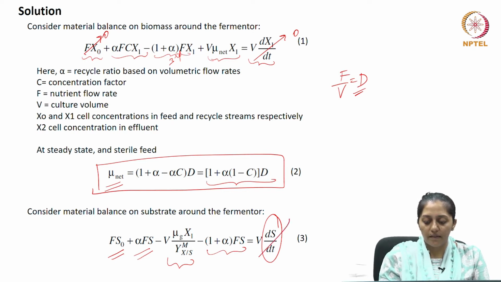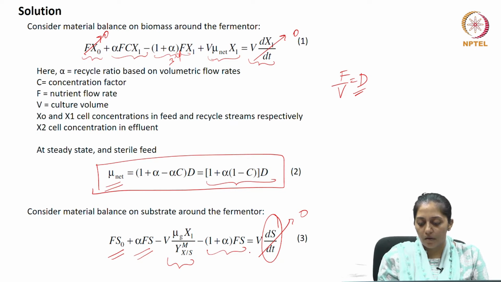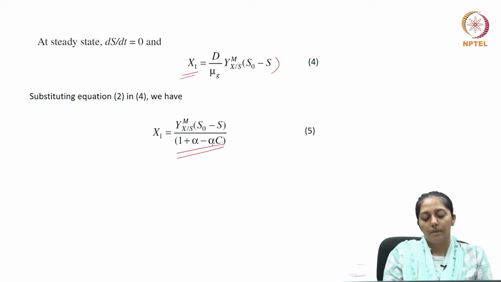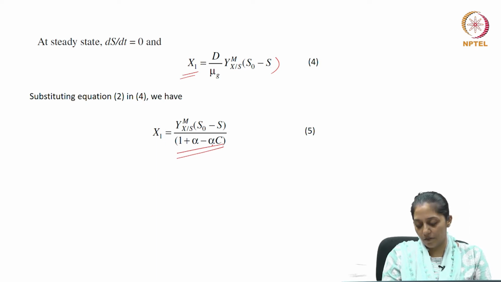So, at steady state again there is no accumulation, and if you do the rearrangement, putting F by V as D, then the correlation at steady state says that the biomass will be a function of alpha and C as well, unlike the chemostat in the absence of any recycle stream.